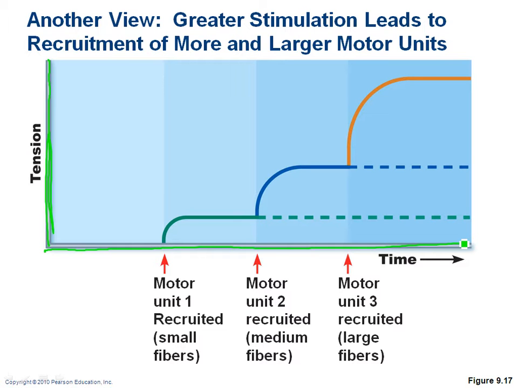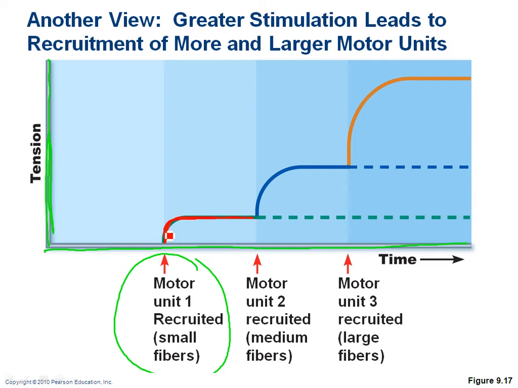At first, with a low level of stimulation, you're just going to have some motor units recruited. So just some muscle fibers within that muscle are going to contract, and you're going to have some contraction here within that muscle.